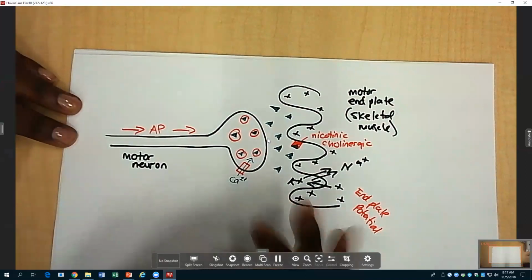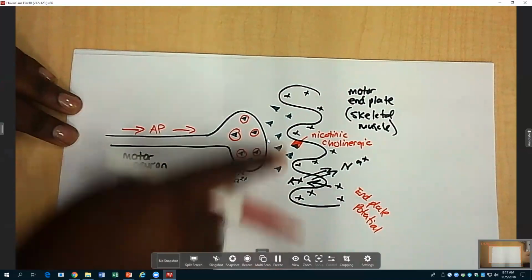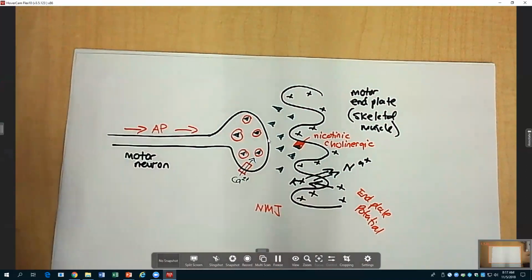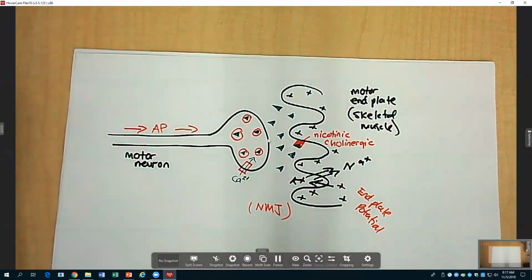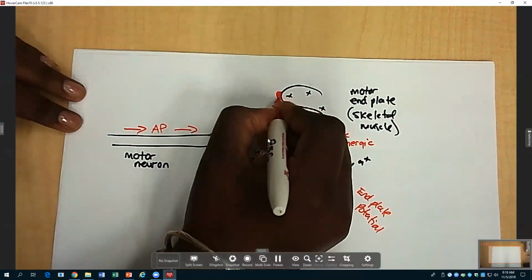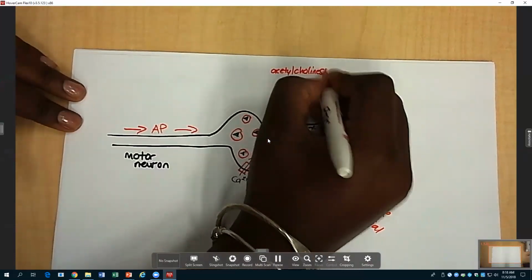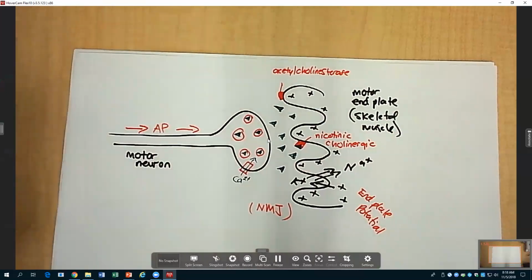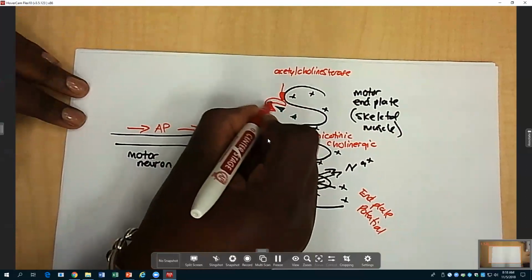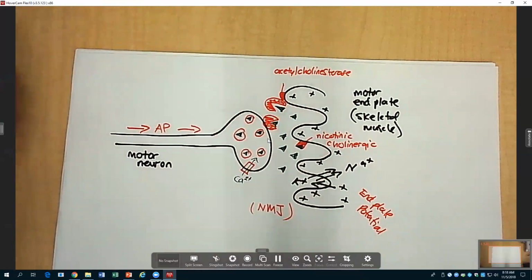Now, when the muscle is done contracting, you're still going to have some acetylcholine lingering at this neuromuscular junction. Let me label this the neuromuscular junction. So what's going to happen? There's an enzyme called acetylcholinesterase, and it's going to act like a little Pac-Man and chomp these excess acetylcholine into two.